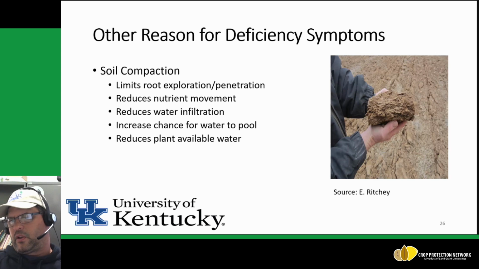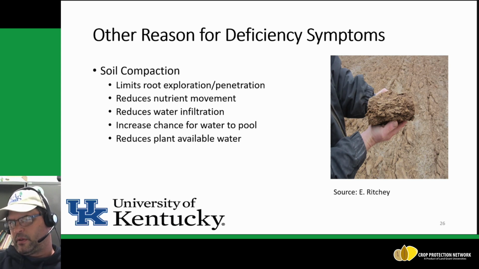Soil compaction. You can see the layers here. This is a highly compacted soil. It limits root exploration and root penetration. The roots just can't get to the bulk soil as well to find and acquire the nutrients that are there. Compaction reduces the nutrient movement. It also reduces water infiltration, so it compounds that factor.